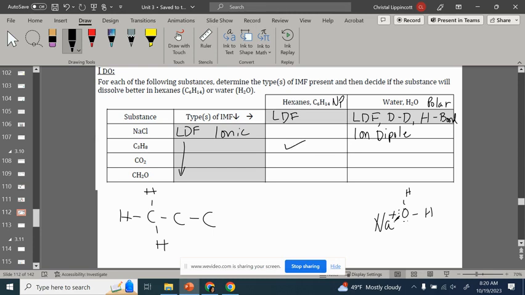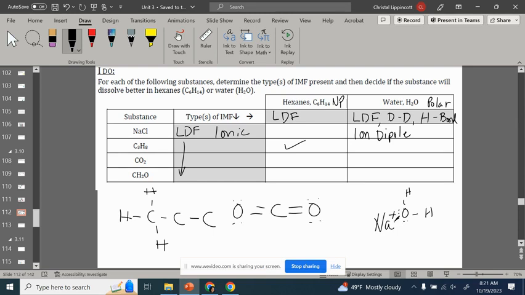CO2. It's nonpolar. But what do you know about CO2? It mixes with water. Why in the world? I actually had to go and talk to Mr. Schramm about this one because I was kind of blown away by it.